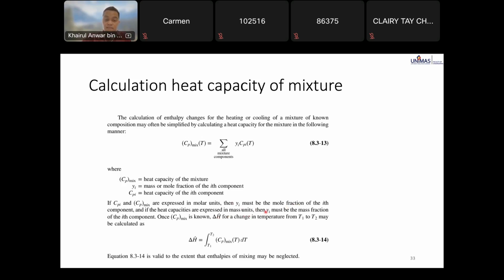So it's vice versa: if it's in mass units, then mass fraction. Once Cp mix is known, delta H for a change in temperature from T1 can be calculated with equation 8.3-14. Equation 8.3-14 is valid to the extent that the enthalpy of mixing may be neglected.